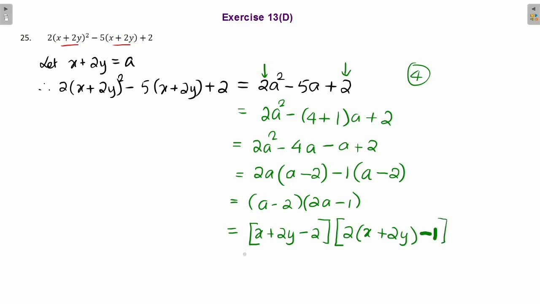Okay, so we'll open the bracket now. So first part I don't have any problem. Second one will multiply with 2. So 2 into x is 2x plus 2 into 2 is 4y minus we have 1, isn't it? So this will be my answer for this particular question. Okay, so you may pause the video and note down your solution.